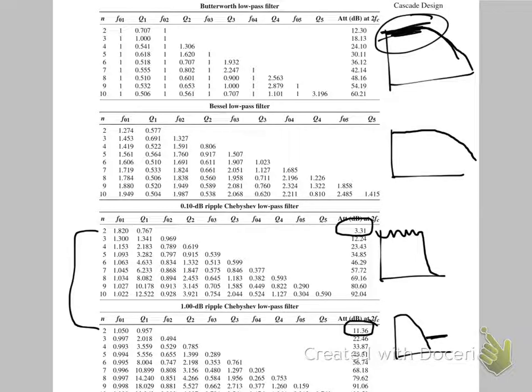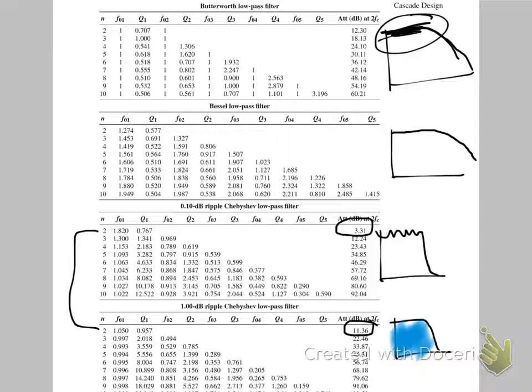Your attenuation is basically how much your frequency is being attenuated, because the whole use of an amplifier is that you want to focus on these frequencies there, and all the other frequencies should be attenuated.